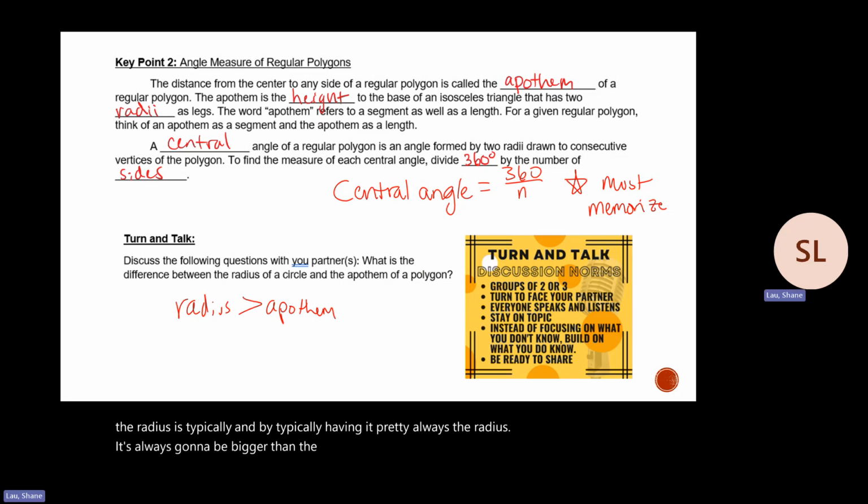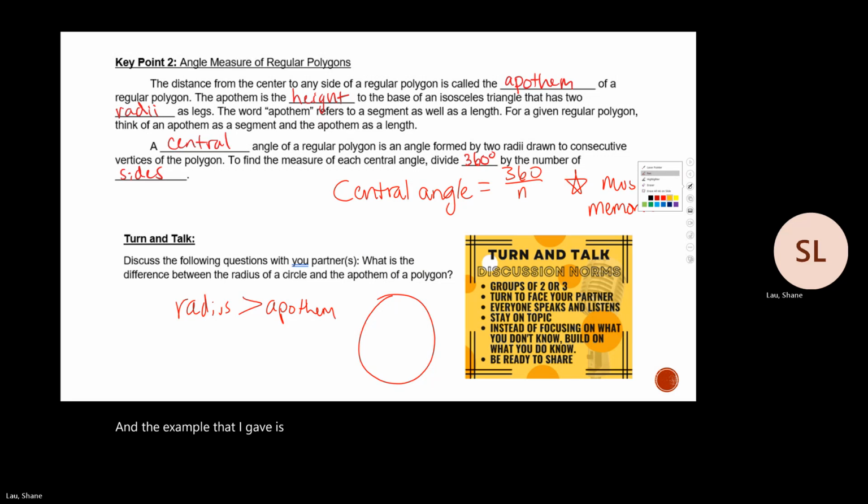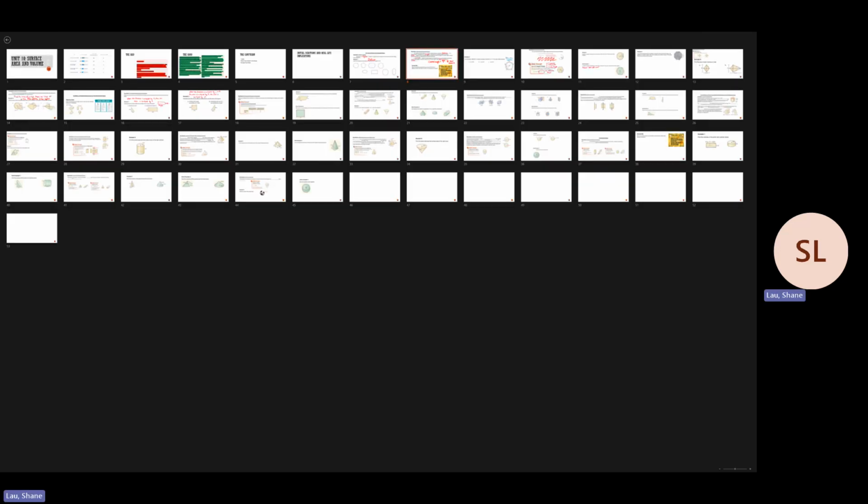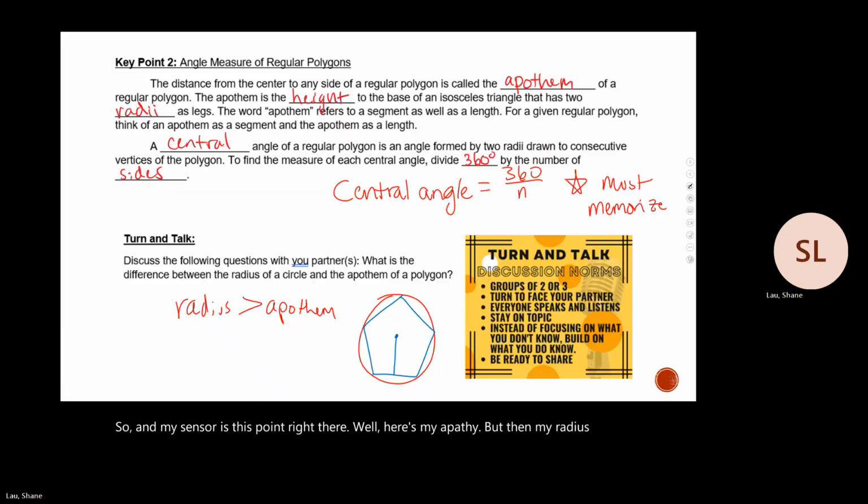The example that I gave is if I have a circle, right, like this, and I were to draw, let's say, a pentagon, to the best of my abilities, like so, and my center is this point right there, well, here's my apothem, but then my radius, oops, the wrong one, my radius, this line right there. And you see that the radius is going to be a little bit bigger than the apothem. I would say that's probably the main difference.